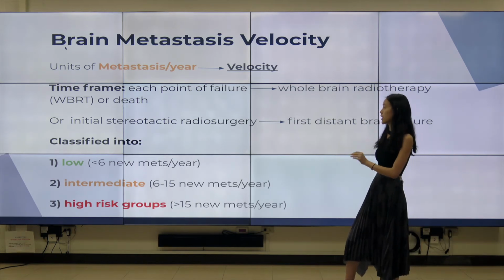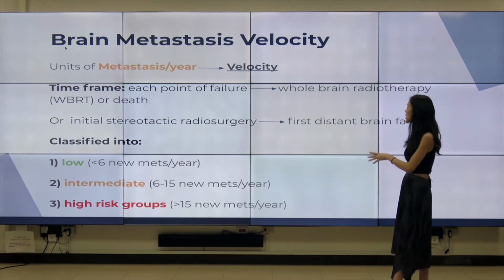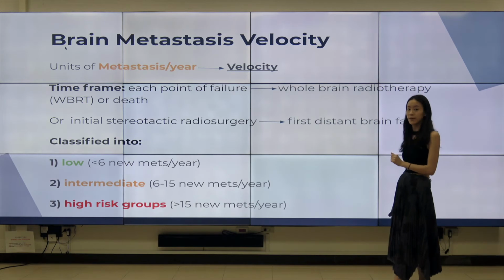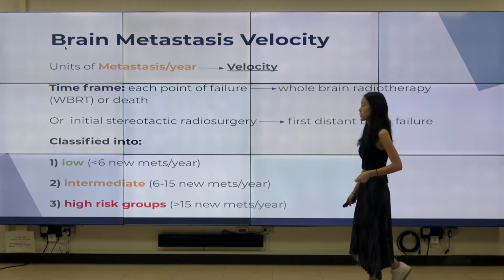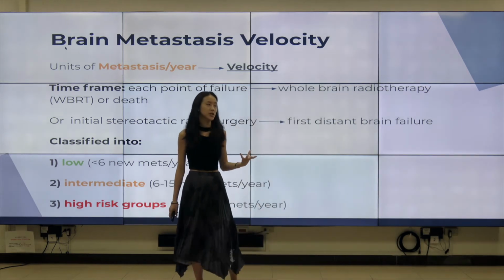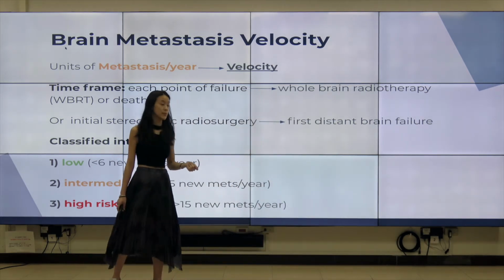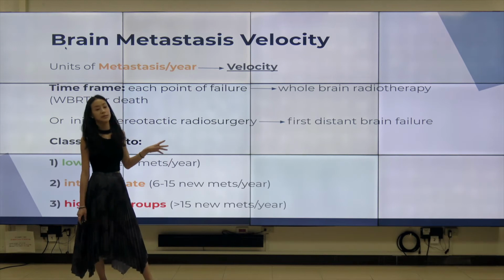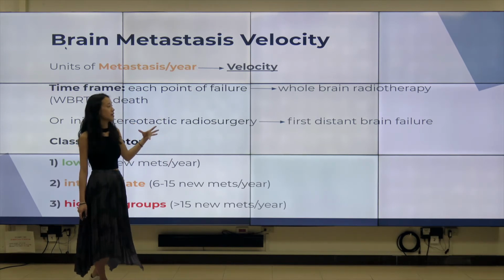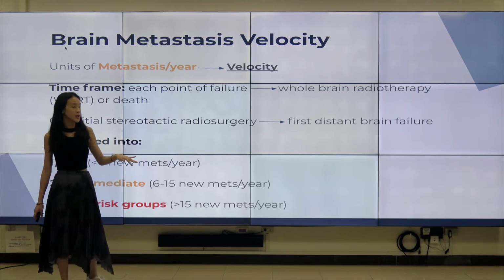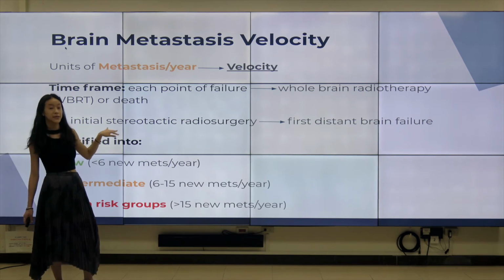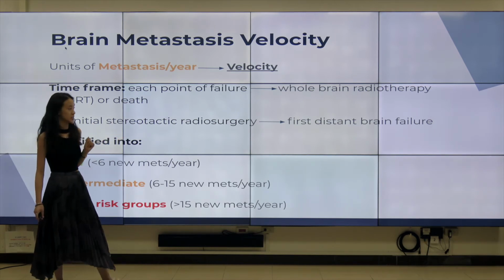So one time frame that we would like to consider is each point of failure to whole brain radiotherapy or death. The second one could potentially be initial stereotactic radiosurgery, which is a type of surgery we're going to go into in more depth later, to the first distant brain failure. A lot of the time we have seen that distant brain failure actually occurs after SRS, which is the stereotactic radiosurgery that I talked about just now.